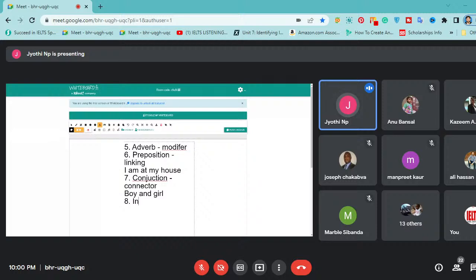In personal pronouns, basically we go by the person: first person, second person, third person. Based on that, we have the personal pronouns. That again can be divided into subject pronoun and object pronoun. We'll come to relative and reflexive pronouns later.